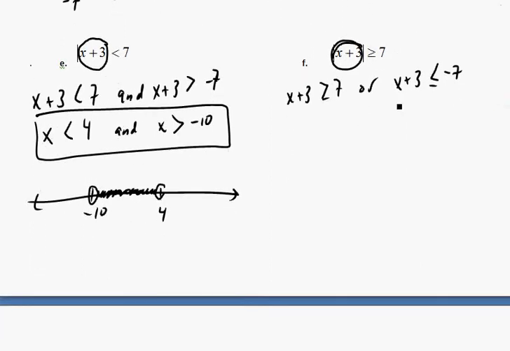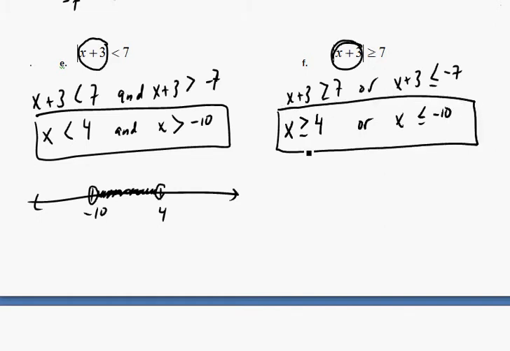And to solve each of these inequalities, we will subtract 3 from both sides of the inequality. 7 minus 3 is 4. And here, -7 minus 3 is -10. So here, our values of x have to be greater than or equal to 4 or less than or equal to -10.